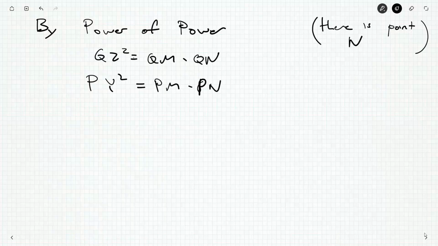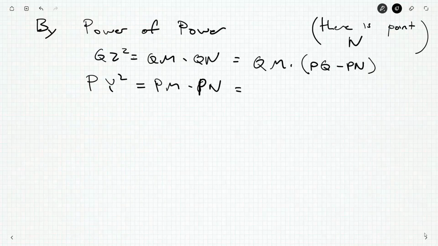but QN and PN add up to, so this is QM times PN, or sorry, PQ minus PN, and this is PQ minus QM times PN.